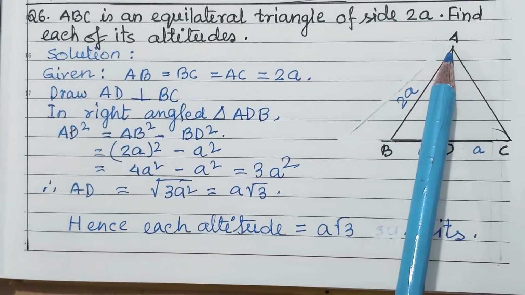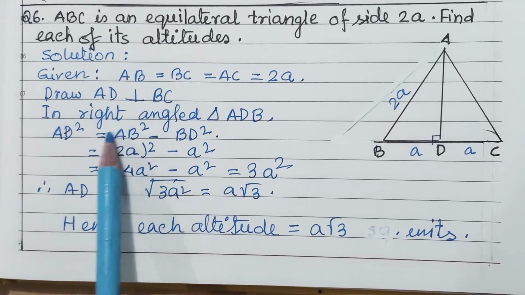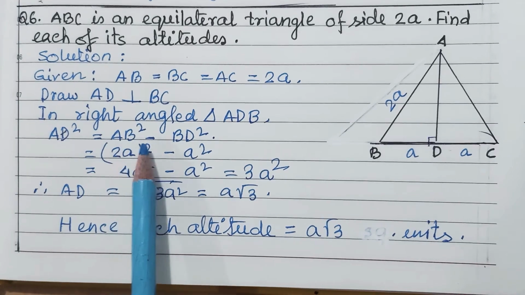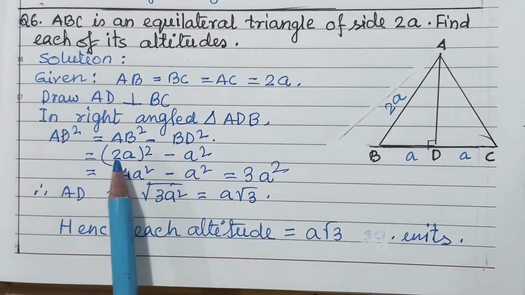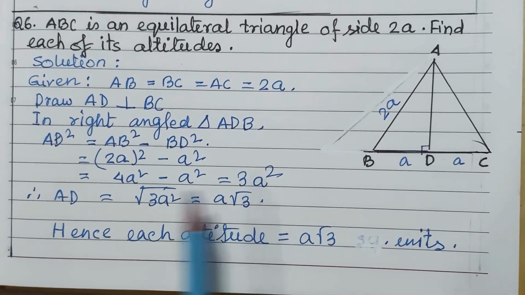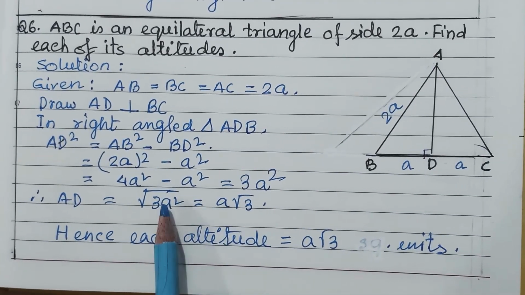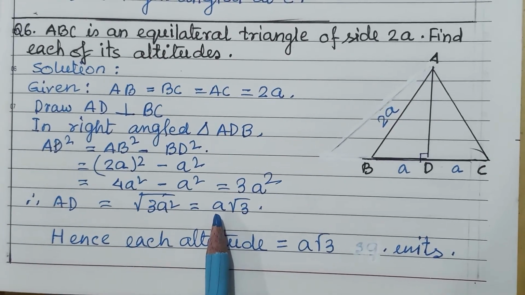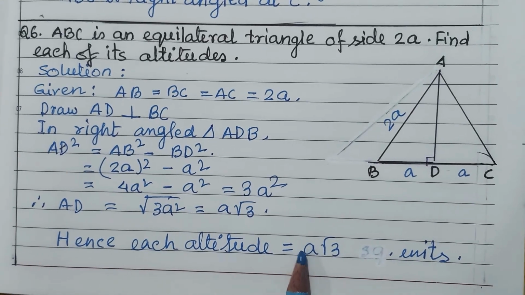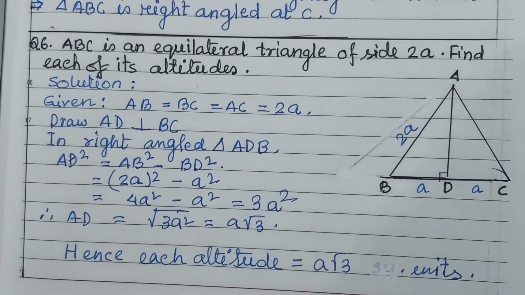So take triangle ABD, where AD square is equal to AB square minus BD square. It is 2A square minus A square, which is 3A square. So AD is equal to under root 3A square, which is A root 3. Hence the altitude is A root 3 units. Thank you very much.